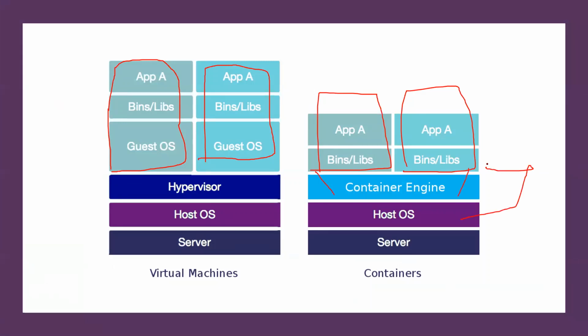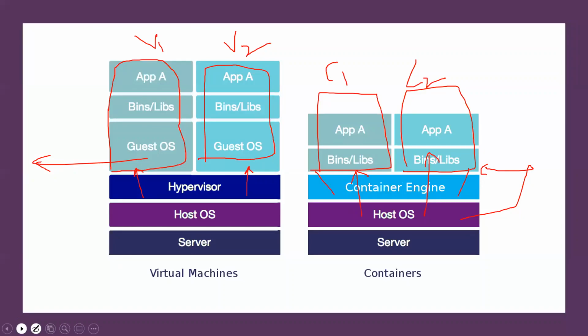The container engine will give the resources necessary for containers C1 and C2 dynamically through my host OS. Whereas this one would have its own. This is my V1, V2. This hypervisor would give a set of resources to this and a set of resources to this. It is not dynamic, by the way. So this is about virtualization and containers.